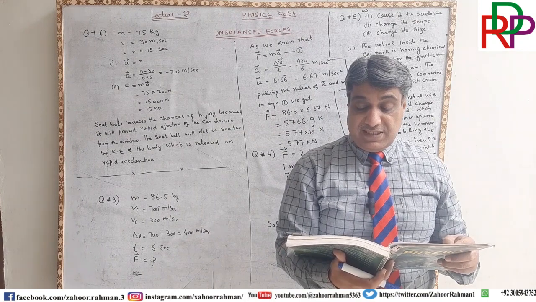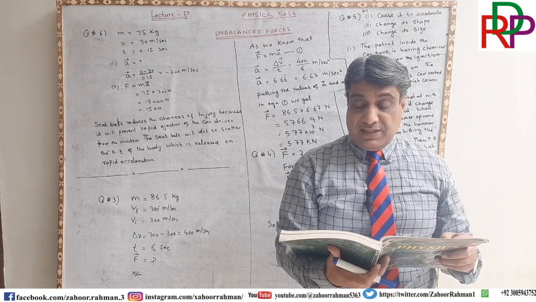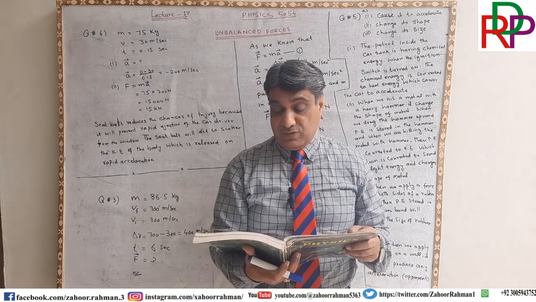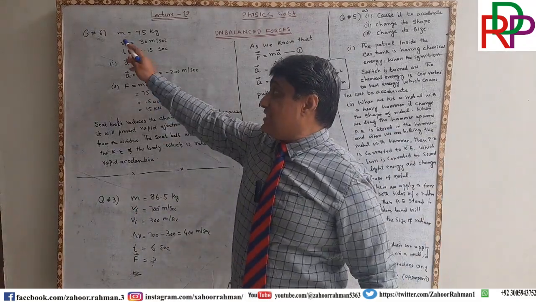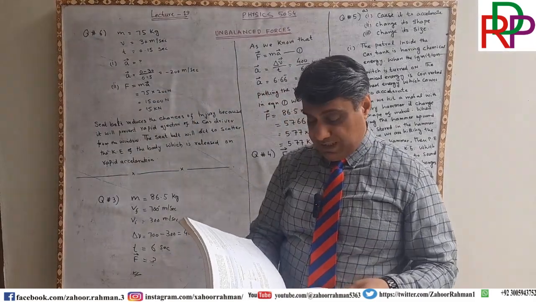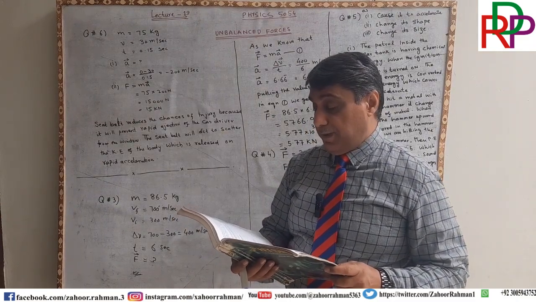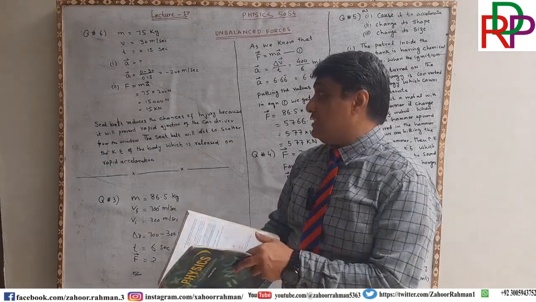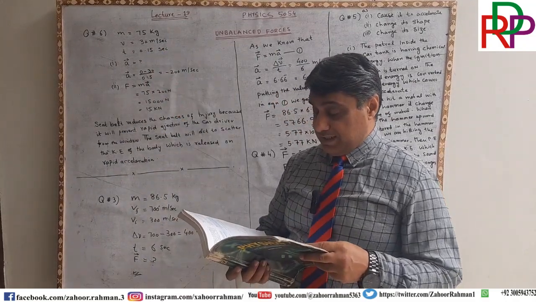In one such test, the mass of the dummy driver was 75 kg. The speed of the dummy driver immediately before his impact was 30 meter per second. So mass is given as 75, V is given as 30 meter per second, and then the time between the impact and the dummy coming to rest was 0.15 second. So what is number one part?